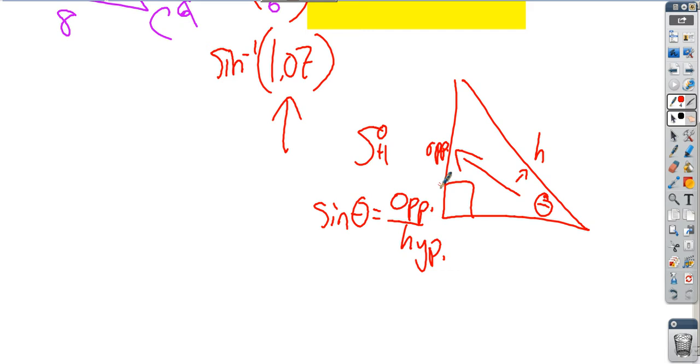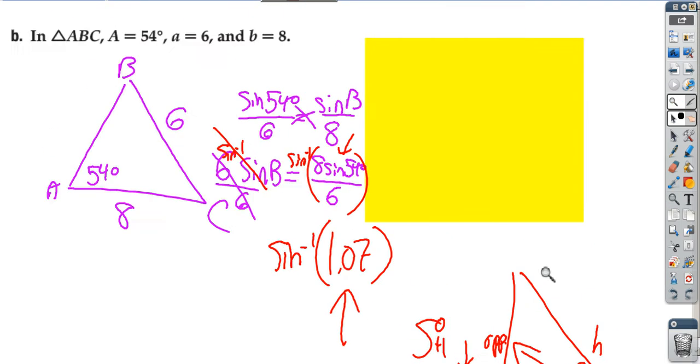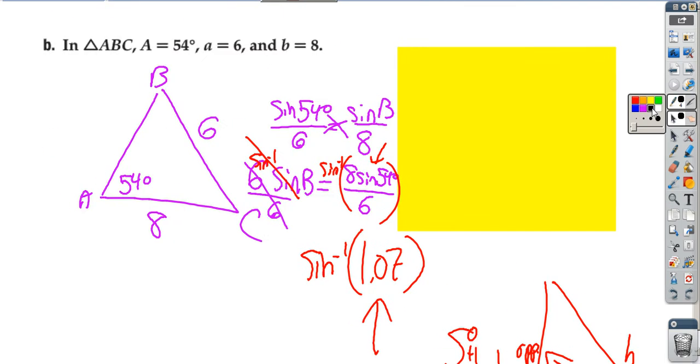Here's the problem. This right here can never be greater than 1. Why can't it be? Because the hypotenuse is always the longest side. If that were greater than 1, that would mean the opposite is bigger than the hypotenuse, and that's impossible. So if you get to this step, if you do the cross multiplication and this number turns out to be bigger than 1, you're going to have no solution.